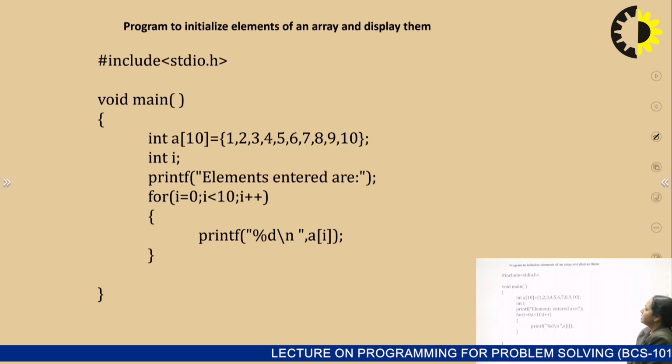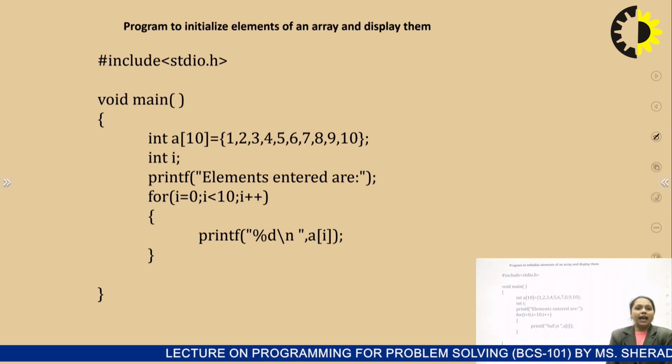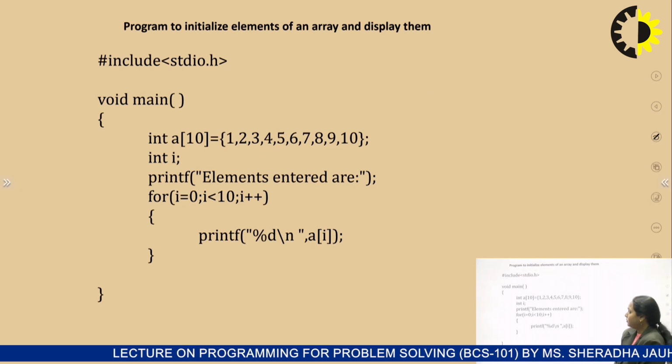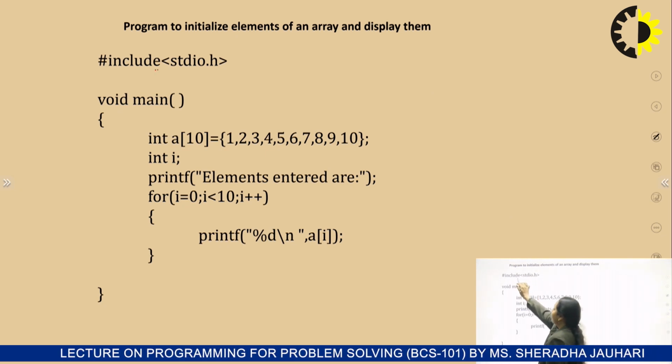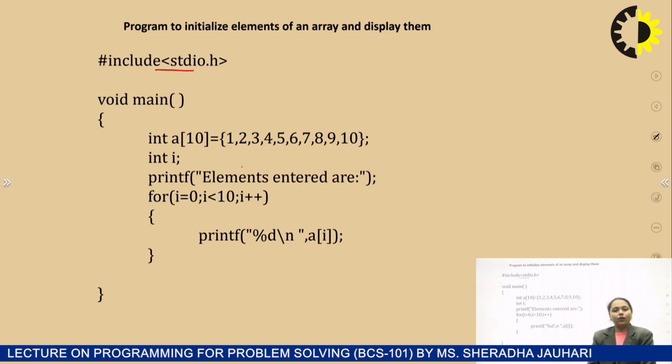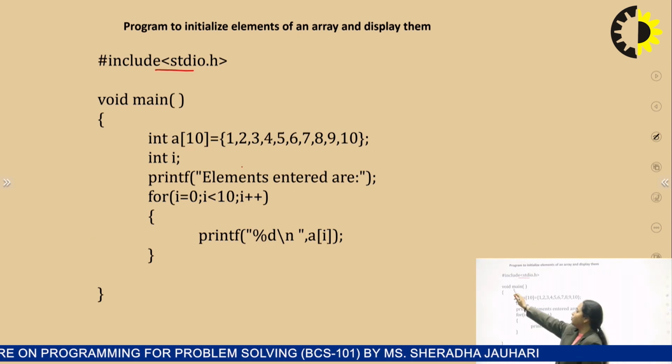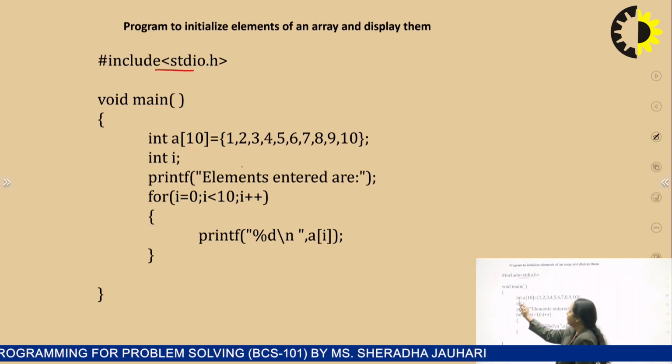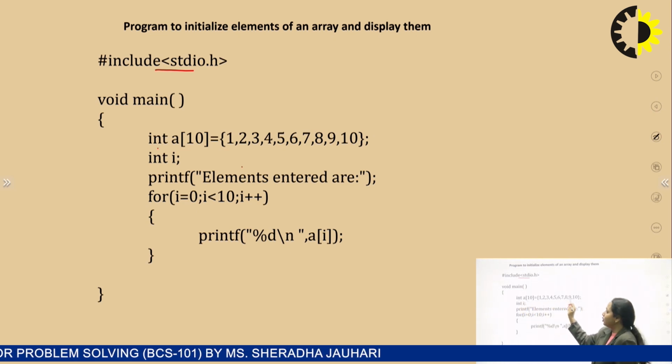Next, we can see this code snippet, how to initialize the array at compile time. First of all, we have the header file stdio.h. Next, within the main function, the first step is the declaration along with the initialization of the array.